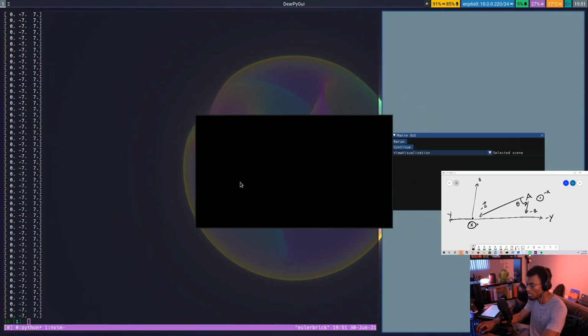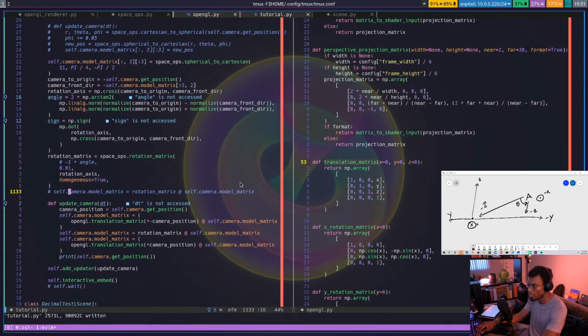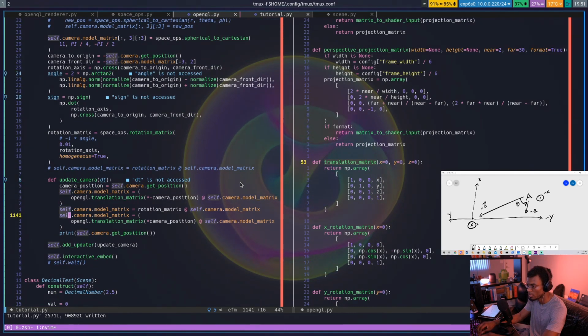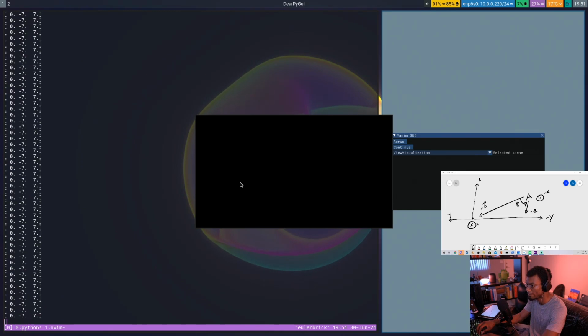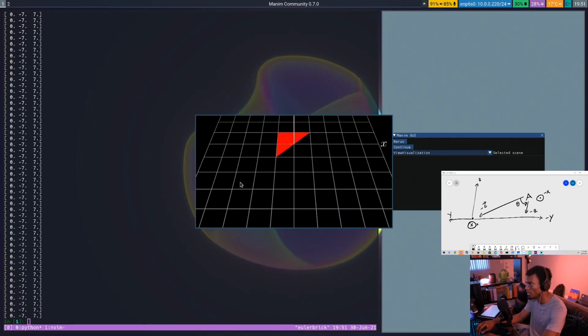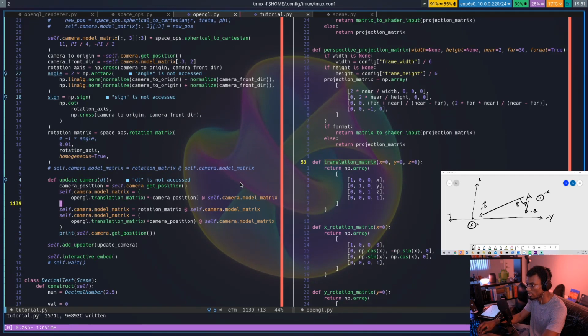Okay, now it's at least staying in the same place. Though it's still not rotating so that it sees the origin, so that it looks at the origin. Oh, it did. It did. Great. It just took a long time.